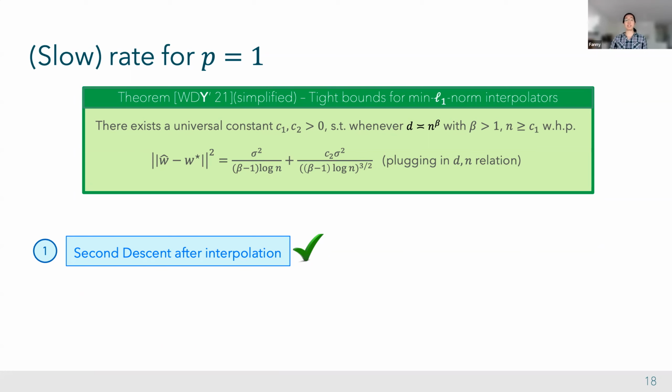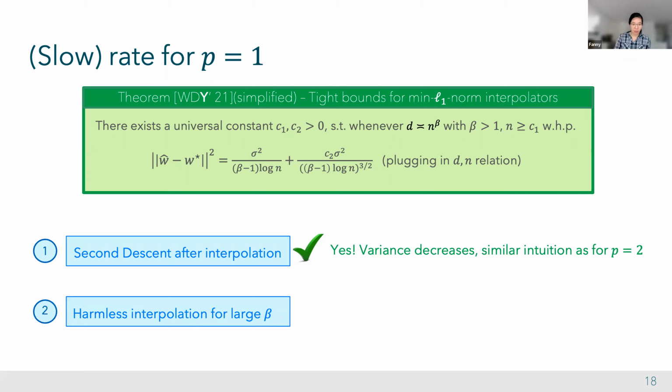So as beta increases, the error decreases, or the rate gets a little faster. Okay, so in some sense, we have a descent after interpolation. The reason for that is similar to the intuition that I discussed for p equal to 2: as d effective grows, the variance decreases. Now, it doesn't decrease as fast as for p equal to 2, but it still decreases.